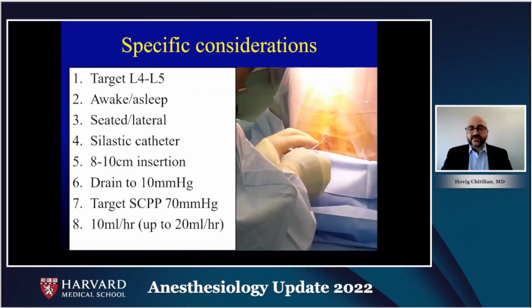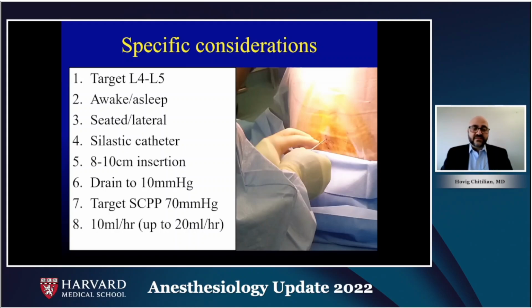Specific considerations with lumbar drain placement: typically target the L4-5 level. It can be placed with the patient awake or asleep, with the patient seated or in lateral position. The catheter that's used is a silastic catheter, similar to ones used by neurosurgeons, and inserted about 8 to 10 centimeters into the intrathecal space.